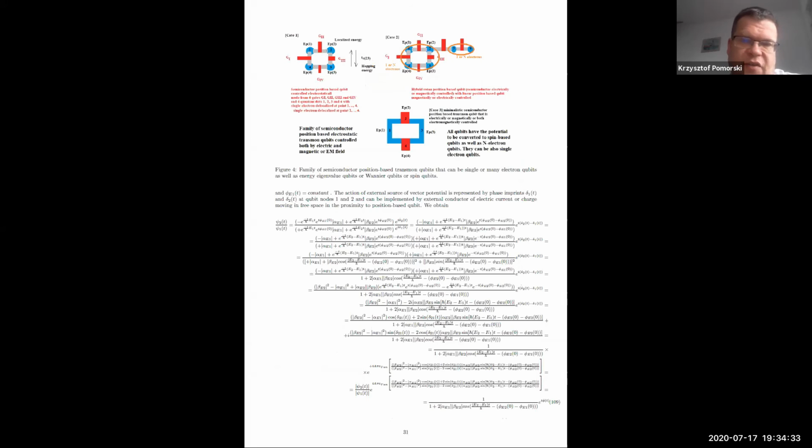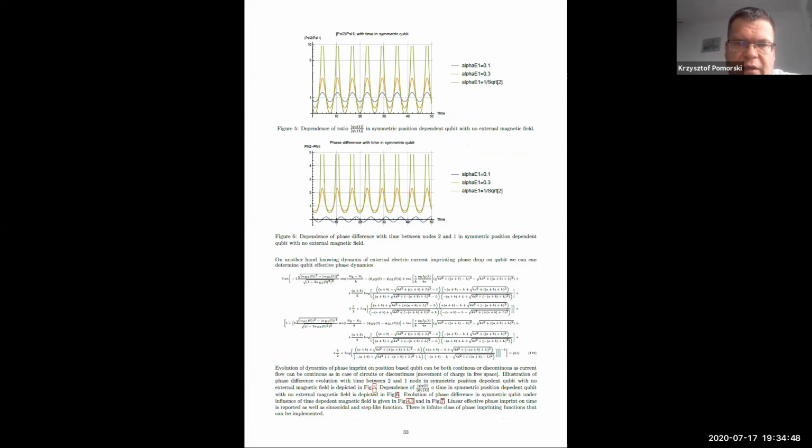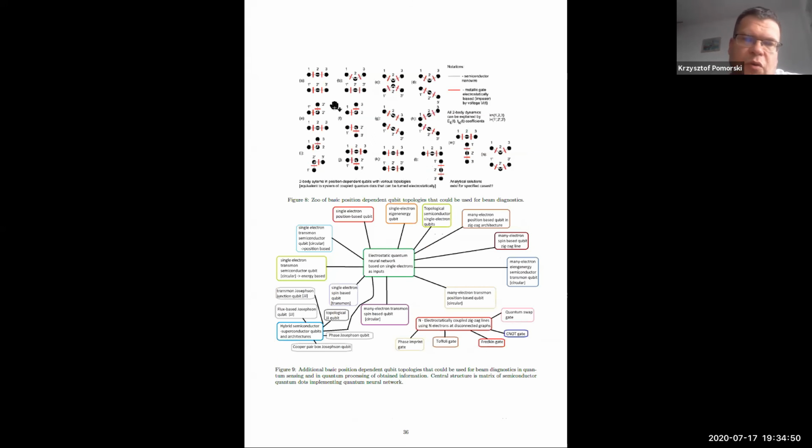And we can exercise this case; here also a very simple analytic model can be constructed. The story is quite technical, so I'm not going to tell you in greater detail. Just to mention, there is a whole zoo of qubit topologies that can be used for such types of experiments. They are described in figure 8, and basically that's it.